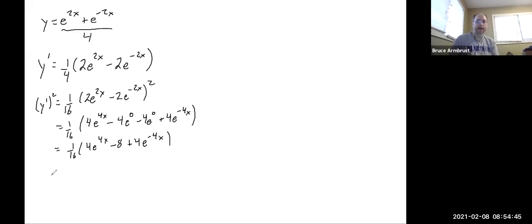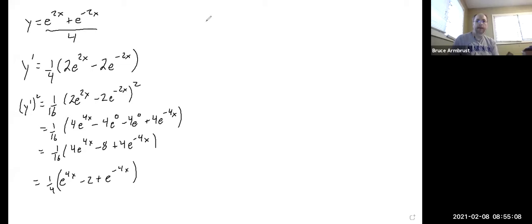Okay, let's just do one more thing. Let's divide all these by 4. So we get 1/4 times e to the 4x minus 2 plus e to the minus 4x. All right, so now we need to go to the 1 plus y prime squared.